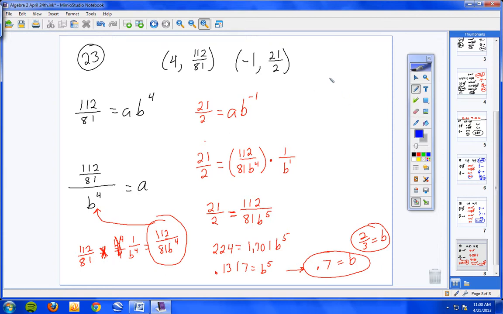That's not too bad. I'm going to go ahead and use the fraction 112 over 81 b to the 4th. So where the b is, I'm going to substitute 2/3 to the 4th power. And now let's see what happens.